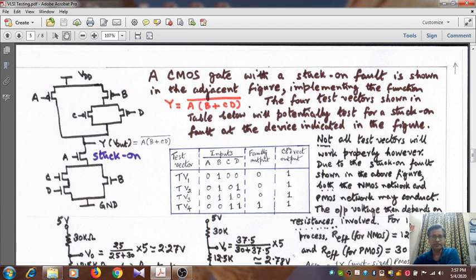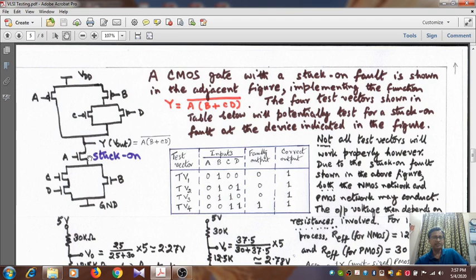So these are the 4 test vectors to which the circuit is subjected. ABCD, there are 4 inputs, so 0 1 0 0, as you can see. What should be the desired output? 0 means the correct output should be high, because this PMOS transistor is working, so VDD is available at the output node.